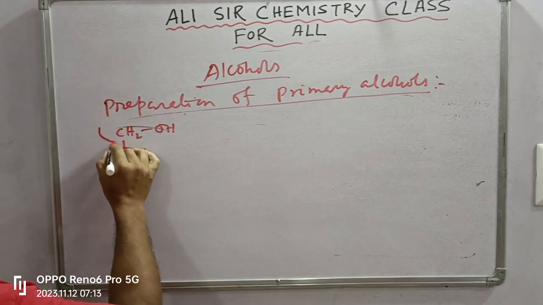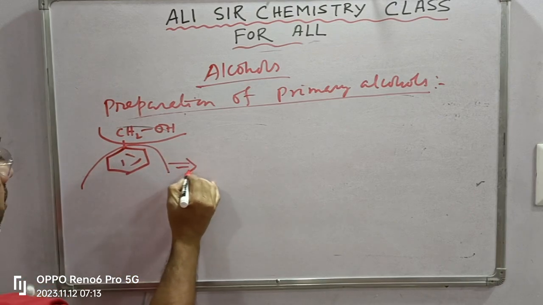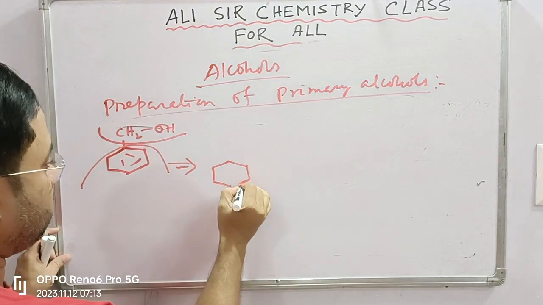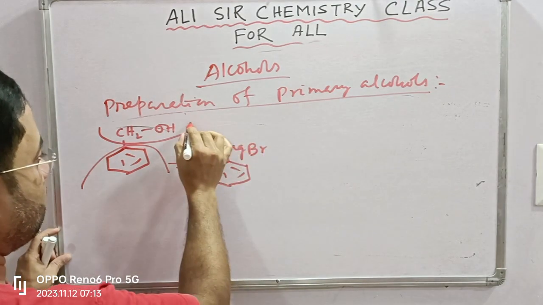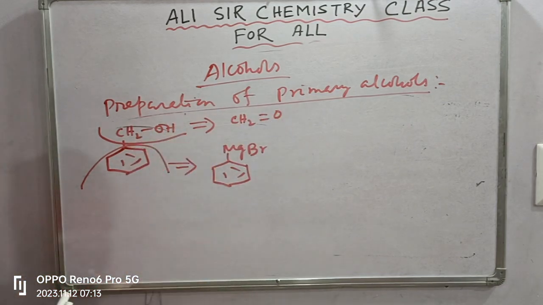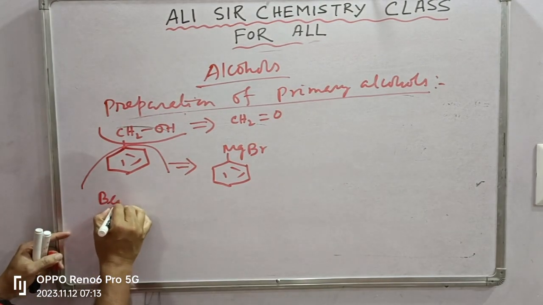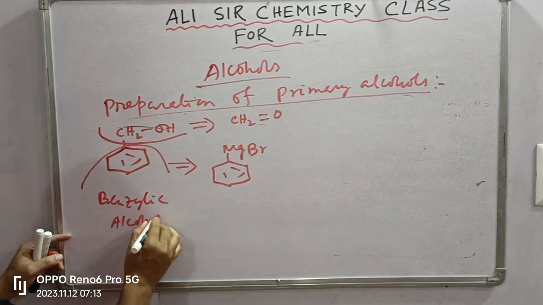Just cut this compound from here, and this part is coming from phenyl magnesium bromide, PhMgBr, and this part is coming from CH2 double bond O, because it is also a primary alcohol. This alcohol is known as benzylic alcohol.